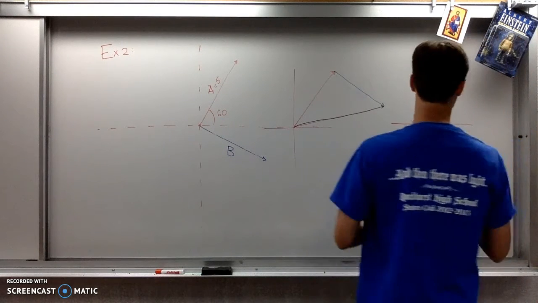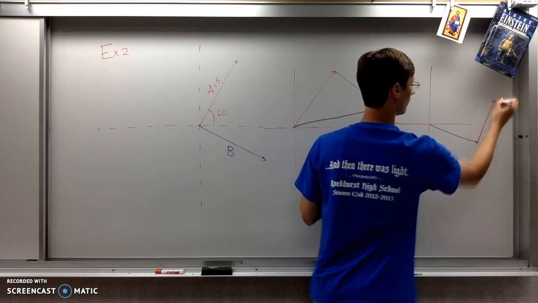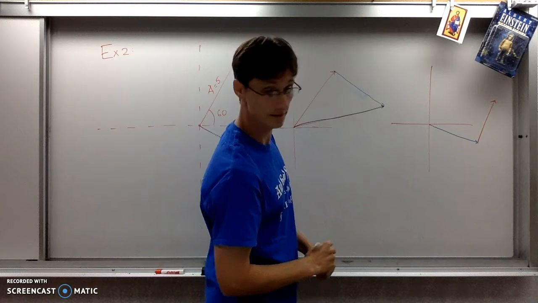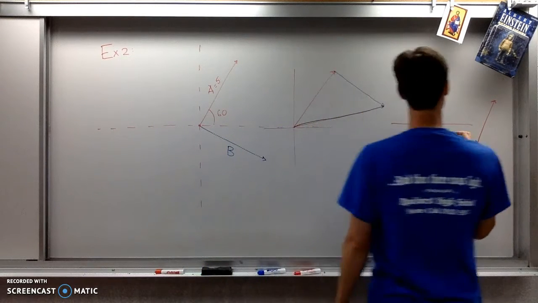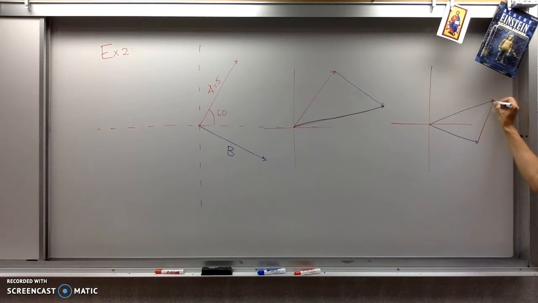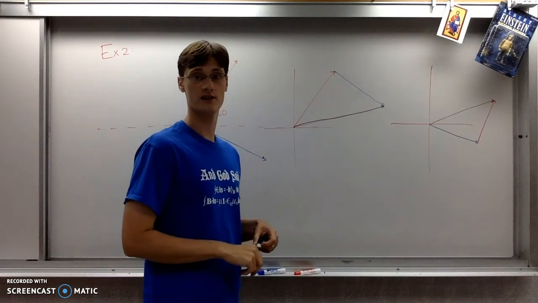Now, all right. And if I drew everything to scale, it would be easy to see that the sum of those two vectors, rather, is the same.